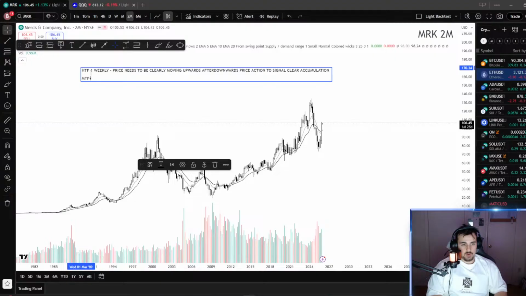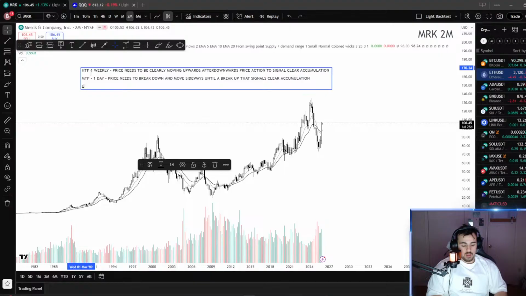My medium time frame, the 1 day, price needs to break down and move sideways until a break up that signals clear accumulation.